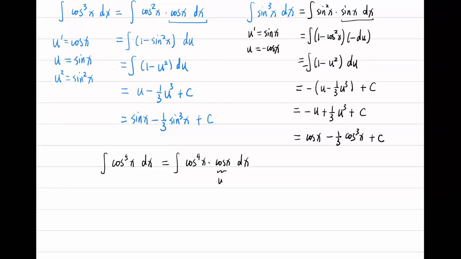This will be our u derivative. From there, we see u must be sine x. We use the substitution du. Okay, this cosine fourth power, how do we convert this to sine and then to u?